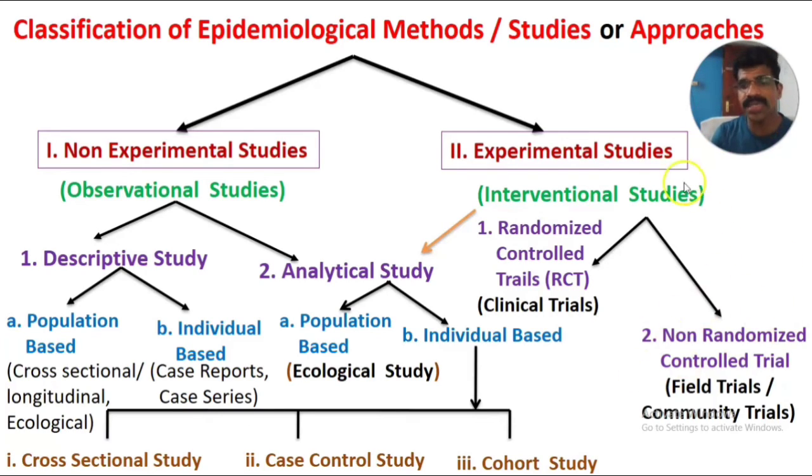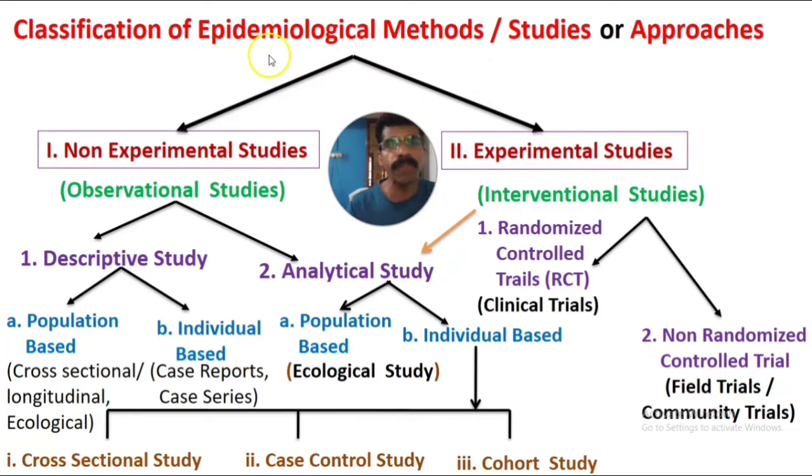And experimental studies, in more detail, can also be conducted as an analytical experimental study, to find out the relation between the cause and the problem. Why it is occurring, what is the relationship between the etiology and the disease occurrence. That also can be included in the experimental studies.